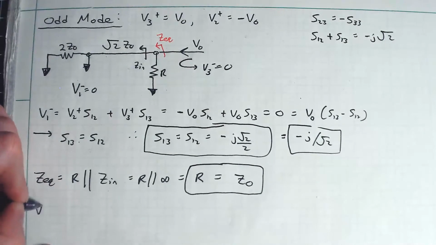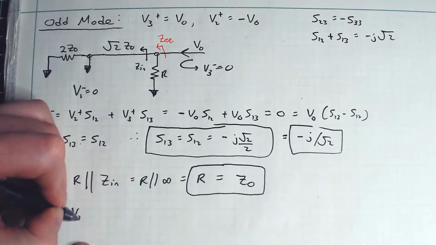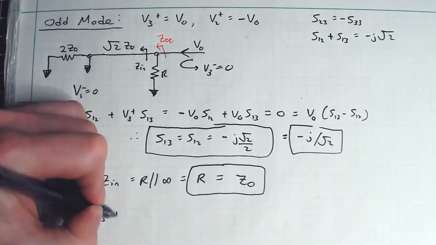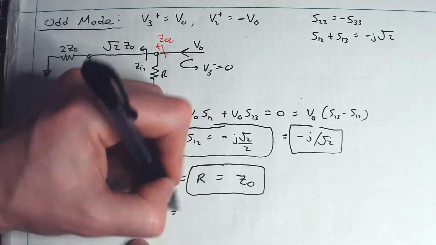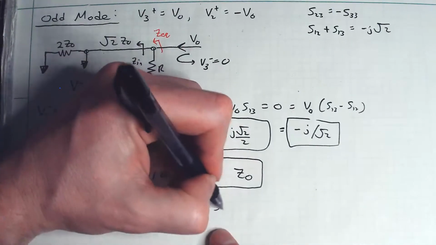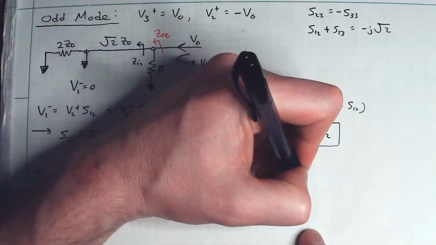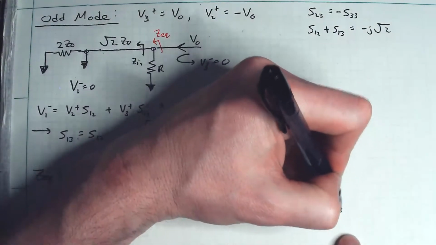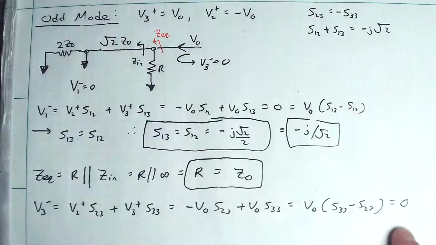So we have V3 minus, and by a similar argument here, I have V2 plus times S23 plus V3 plus times S33, which is equal to negative V naught S23 plus V naught S33, because we're under odd excitation now, which is equal to V naught times (S33 minus S23) equals 0.